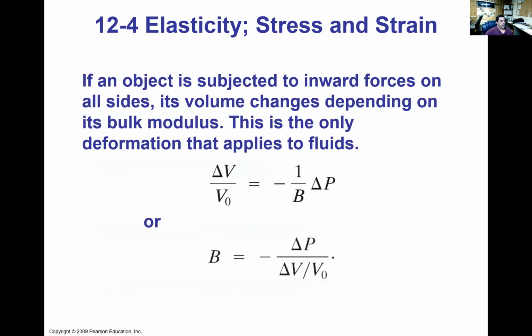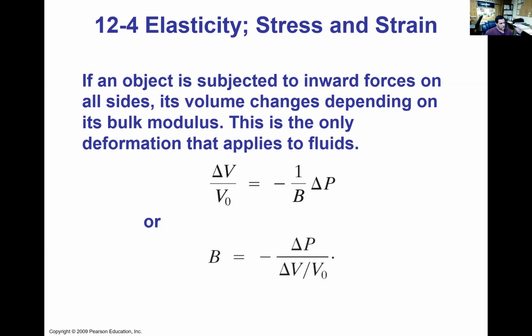So if an object is subjected to inward forces on all sides, its volume will change depending upon its bulk modulus. So this is change in volume with respect to original volume. So this really only applies to fluids, where fluids are either liquids or gases.